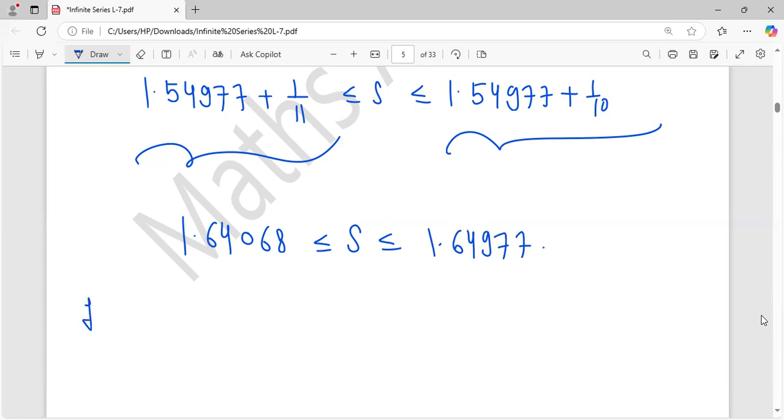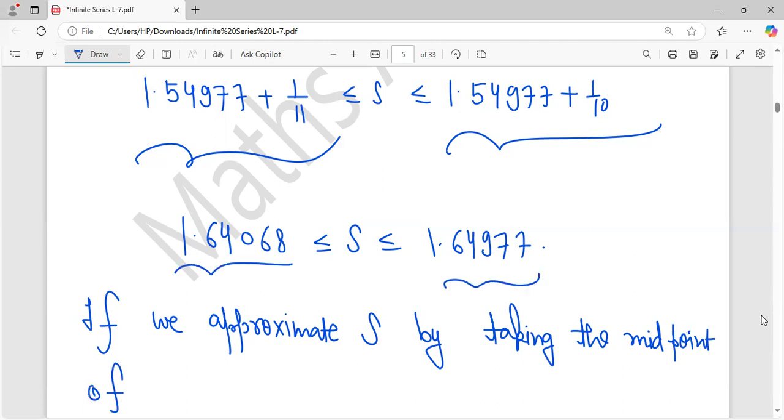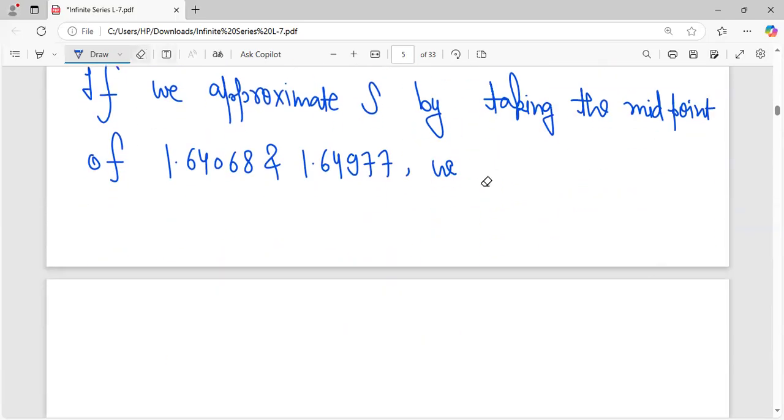Now, if we approximate S by taking the midpoint of both this one and this one, that is 1.64068 and 1.64977, what is the midpoint of both?